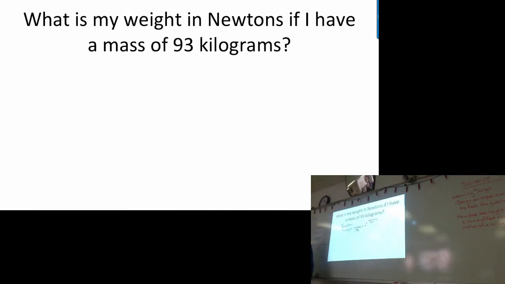So here on the Earth, let's just make the math easy. It's normally 9.8 meters per second squared, but we're going to say this is going to be 10 meters per second squared. So if I want to find my weight, if I want to find that force due to gravity of me sitting up here on Earth, I'm going to take my mass, which is 93 kilograms, and multiply that by little g, so 10 meters per second squared.